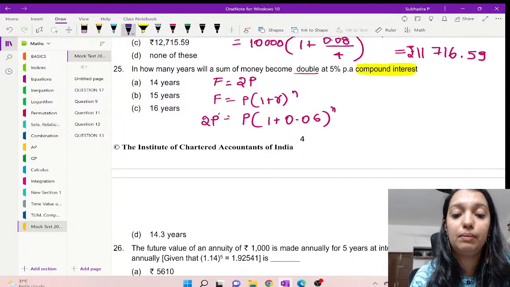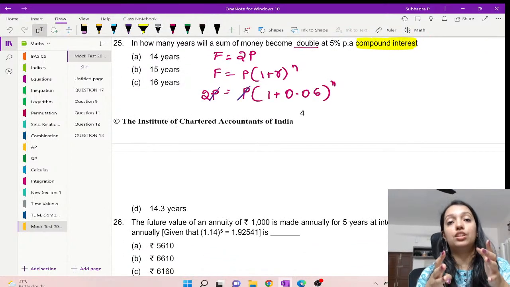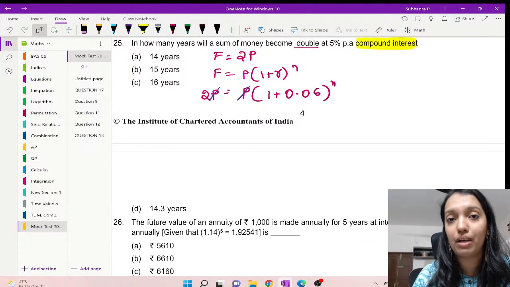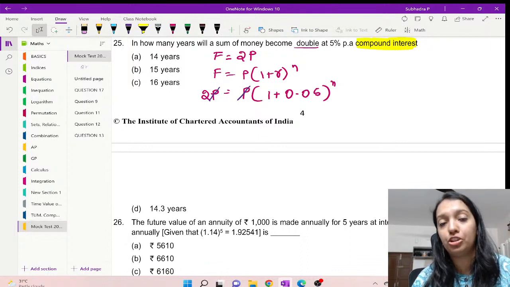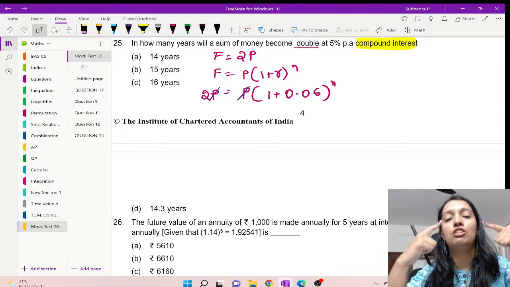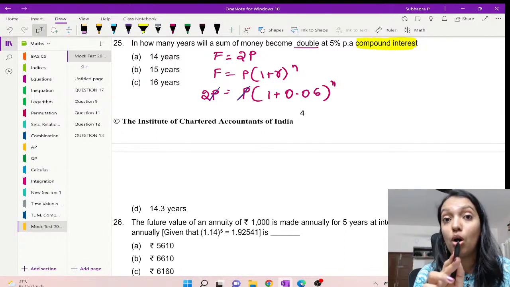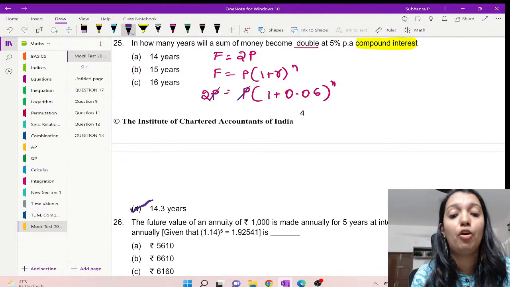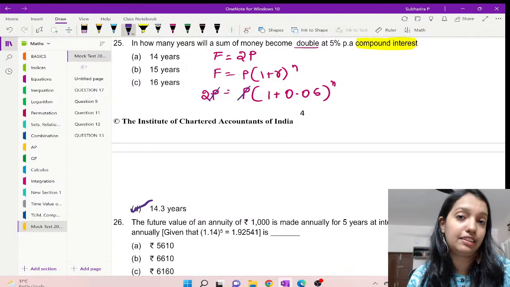I can cancel P and P. I had already marked for my students, when I handle time value of money, that I marked this question to be extremely important. Whenever in the options in any question of time value of money, you find one option to be 14.3, usually the answer will be 14.3 itself.